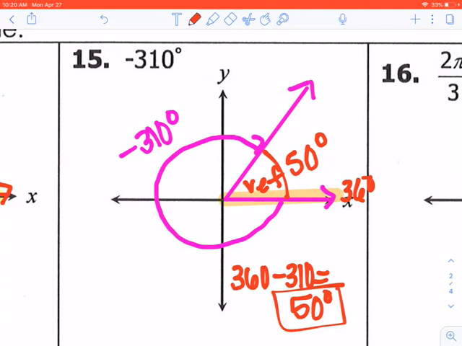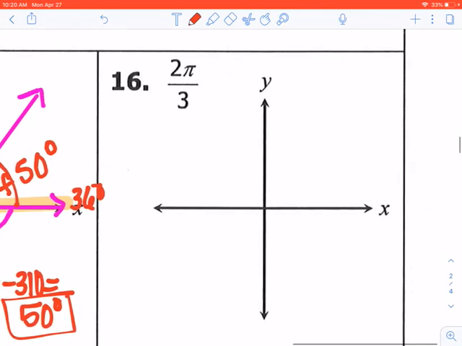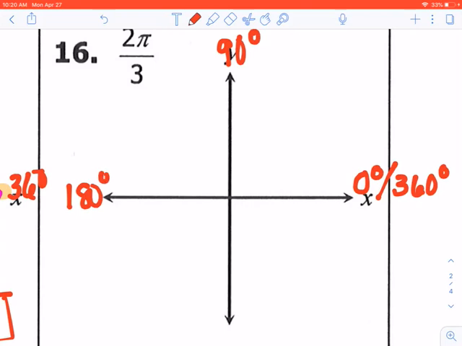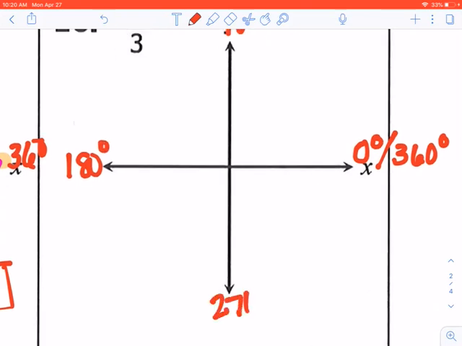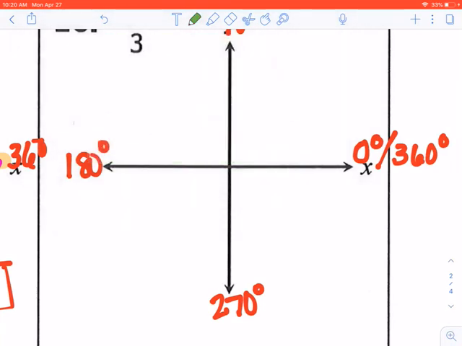Okay. Now, radians. We haven't talked much about this, but we said we start at 0 degrees or 360 degrees, 90 degrees, 180 degrees, and then 270 degrees. We haven't converted this to radians yet. All right, radians. 0 radians or 2 pi radians.